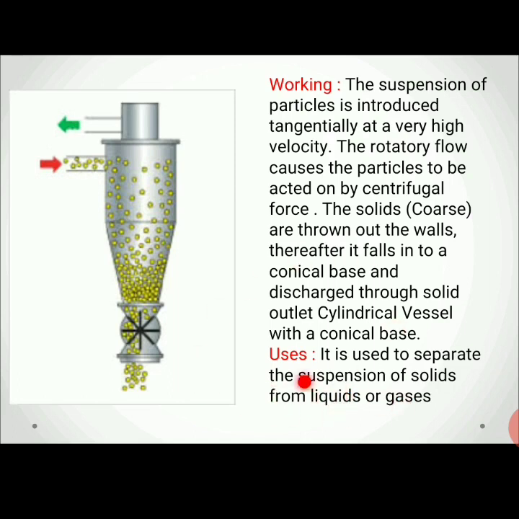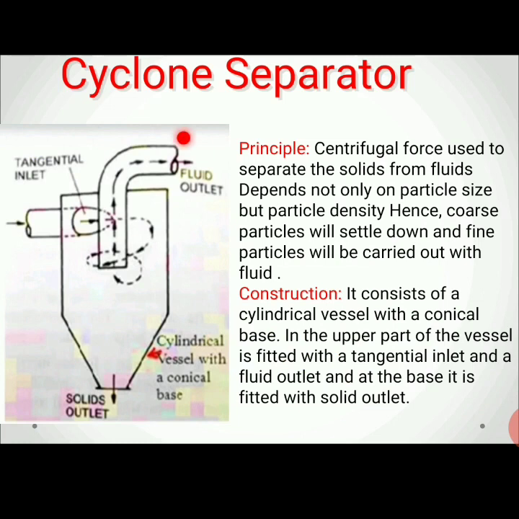This is all about the cyclone separator. It looks very complicated, but it is very simple. When we introduce the suspension, centrifugal force occurs, and due to the air stream the particles are thrown to the walls.